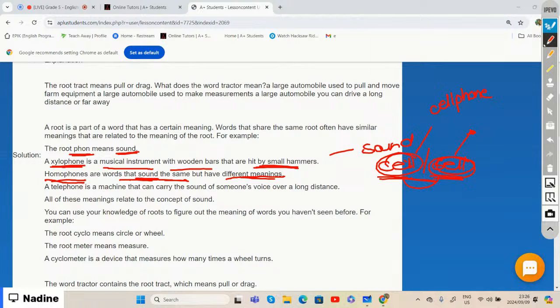So homophones are words that sound the same. Phone has to do with sound. Then we have another word, telephone. A telephone is a machine that can carry the sound of someone's voice over a long distance.